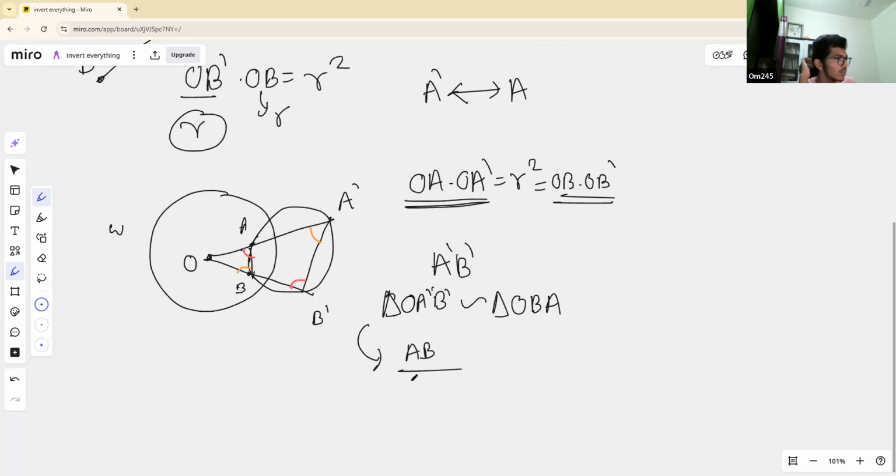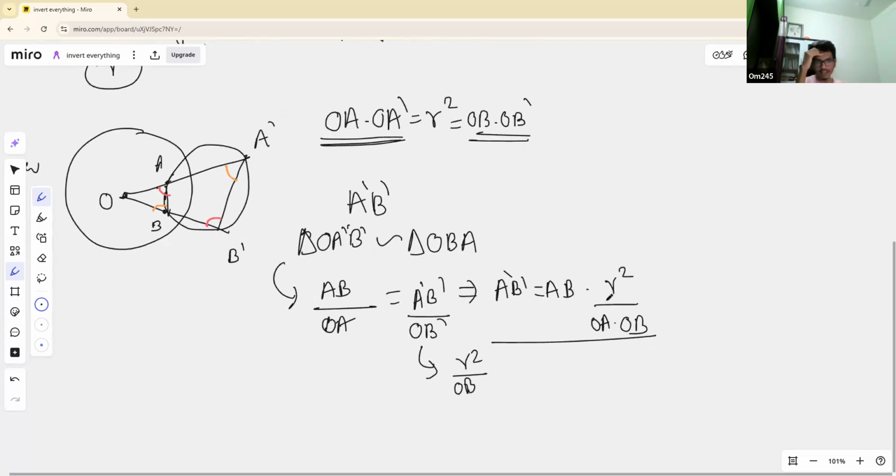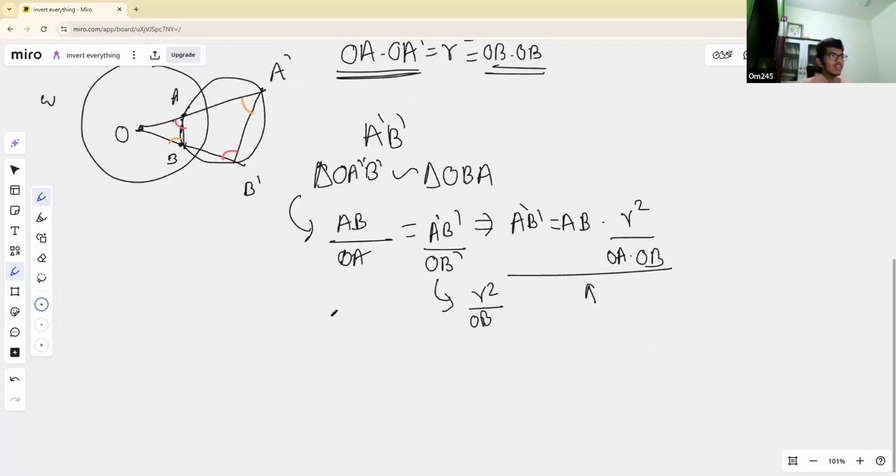So basically, AB by OA is equal to A'B' by OB', and then by just rearranging some stuff, you get AB times... Now note that O'B' is actually equal to R squared by OB, so that's why you can write this as... yes, and this comes in handy. There's some IMO P2 which you can just trivialize because you know this length condition and inversion, and we will see the magic.